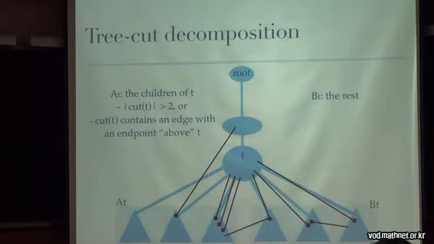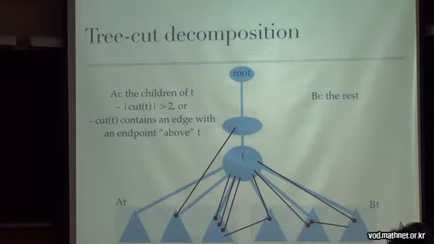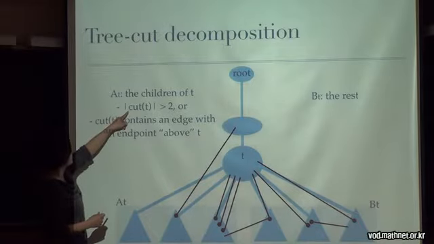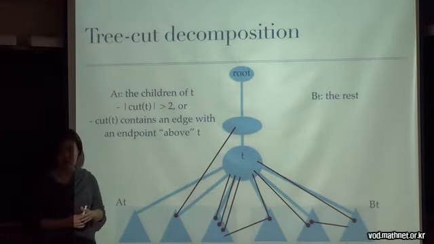Here is a hint: the number of children in AT is at most 2K if the tree width is at most K. The number of children which satisfy the first criterion should be at most K. Why?